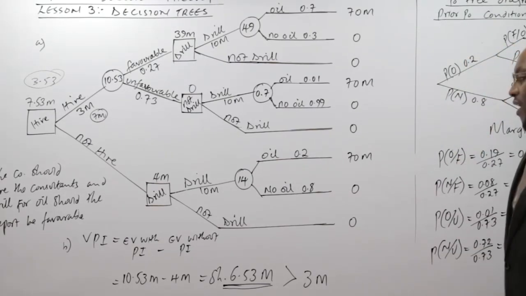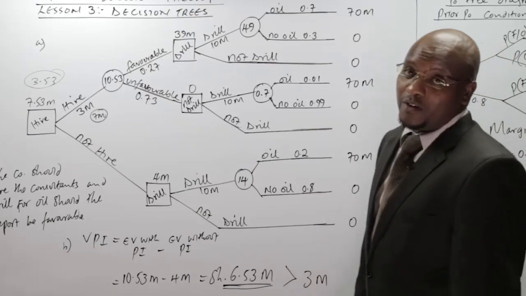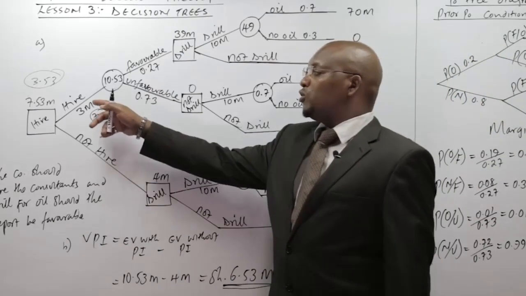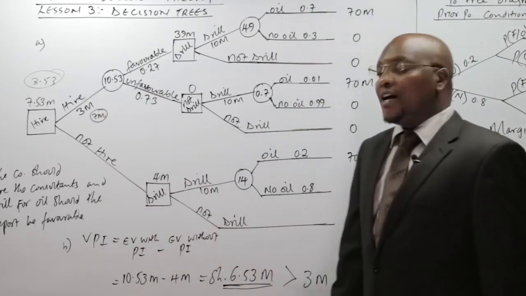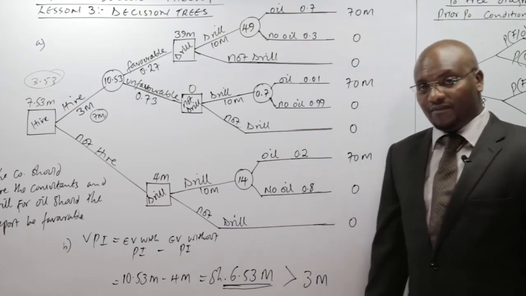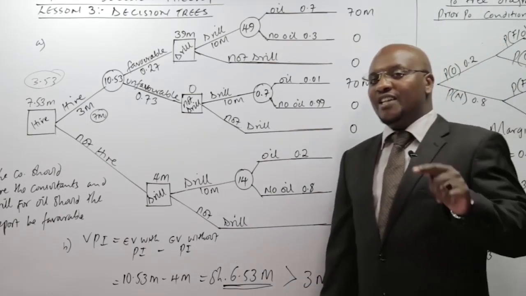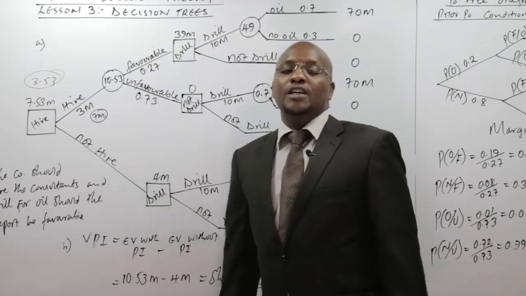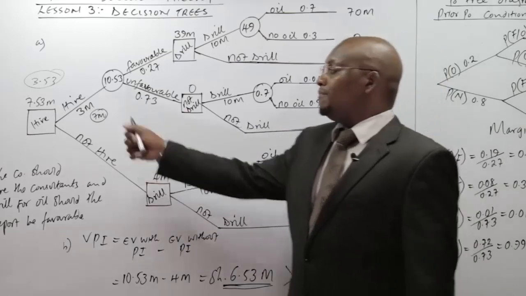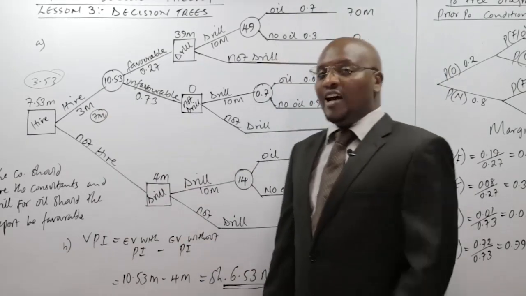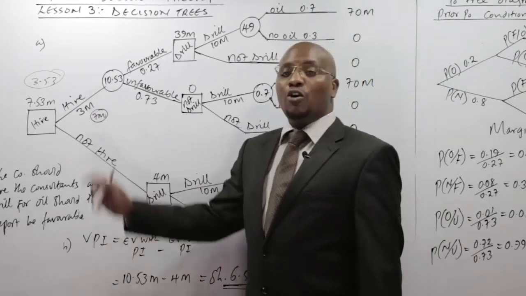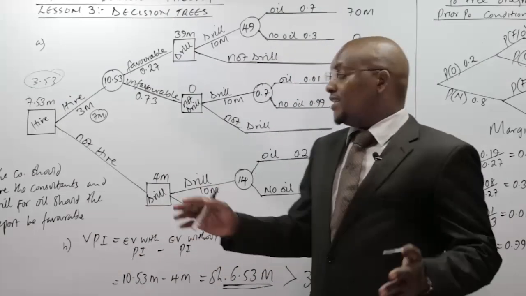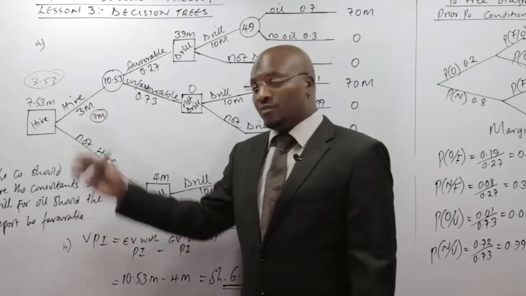But now, if you get a proposal from these consultants that you'd get a discount to enable you change the decision, because currently this is the best decision, you would get a discount from them so that you can change your decision and award them the contract of surveying, and it also becomes the best decision.